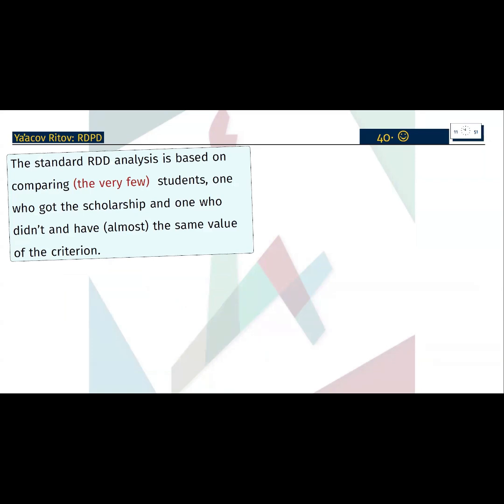So what does this give us? Standard RDD is based on comparing the very few students who are near the threshold. I compare students, some slightly above, some slightly below, but being slightly above or slightly below, I have only very few students.